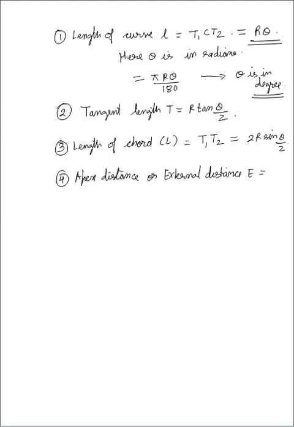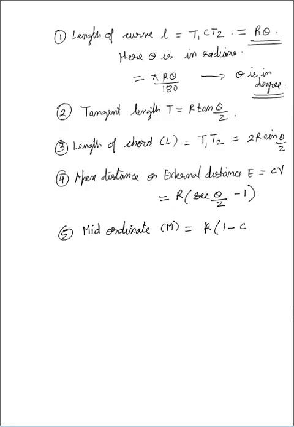So E is equal to CV. Now CV is equal to R times (sec theta by 2 minus 1), and last is your mid ordinate, meaning the ordinate at the center. Mid ordinate is represented by M is equal to R times (1 minus cos theta by 2).